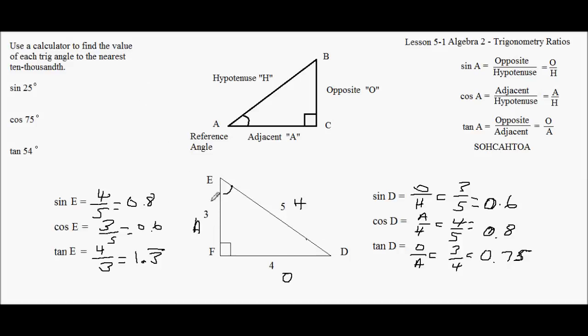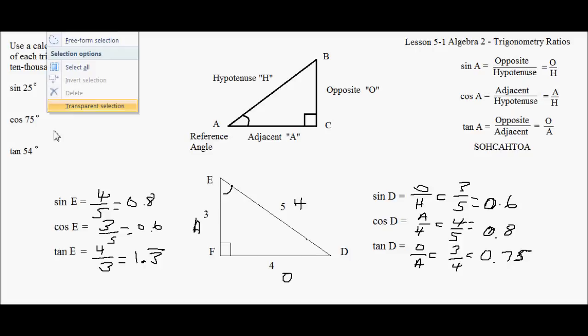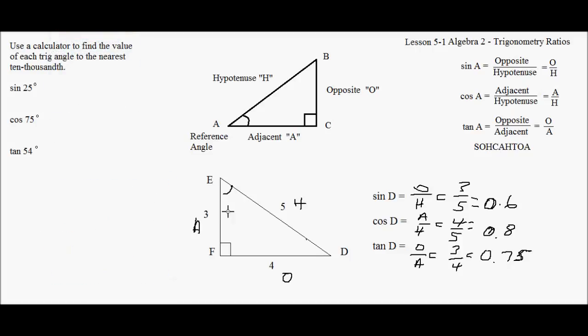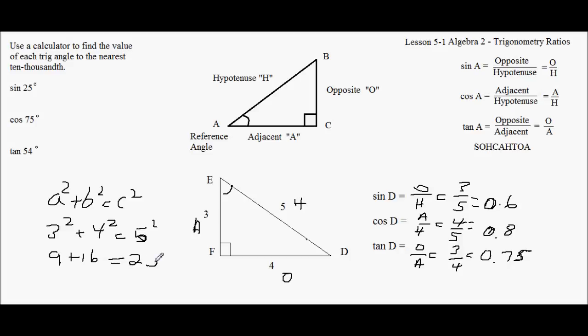By the way, this is a legitimate triangle. I know it's a right triangle because of the Pythagorean theorem: a squared plus b squared equals c squared. This is 3 squared plus 4 squared equals 5 squared, which turns out to be 9 plus 16 equals 25.